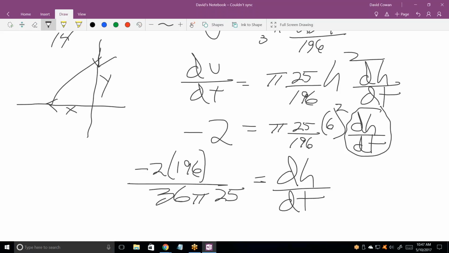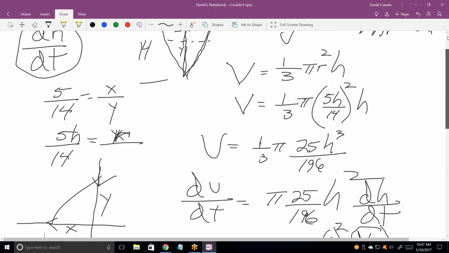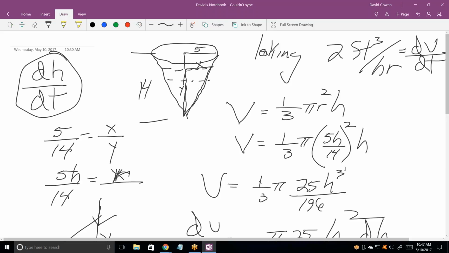And that's why it's so crucial for you to draw a picture as well. Because you can visualize and interpret the problem. Without a picture, it's hard to write this first formula. This is a very common related rate problem.